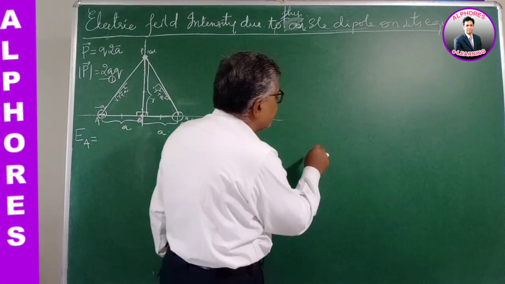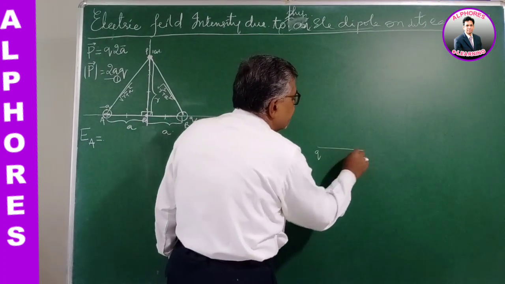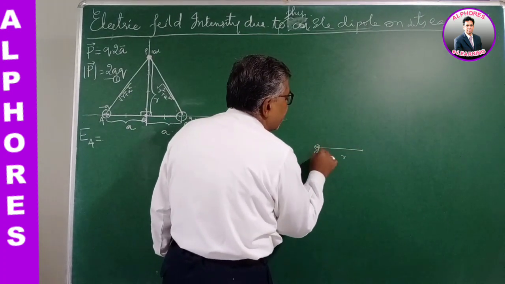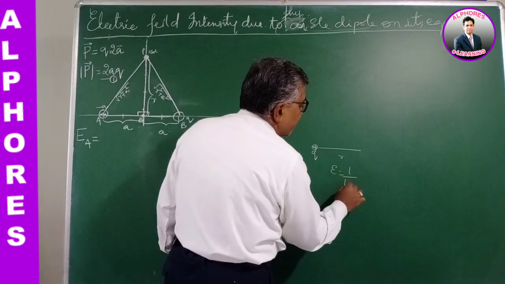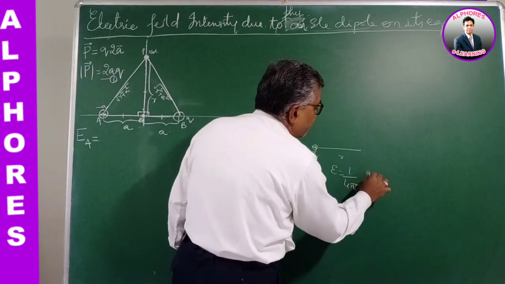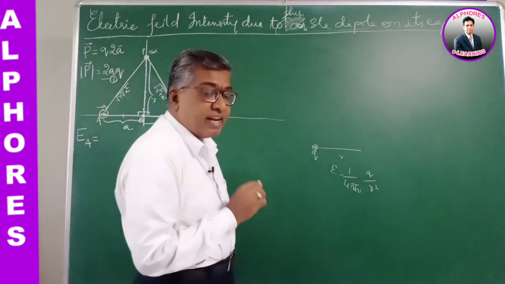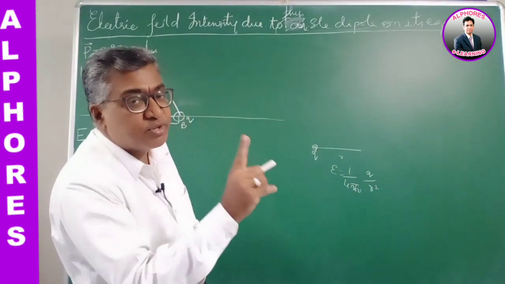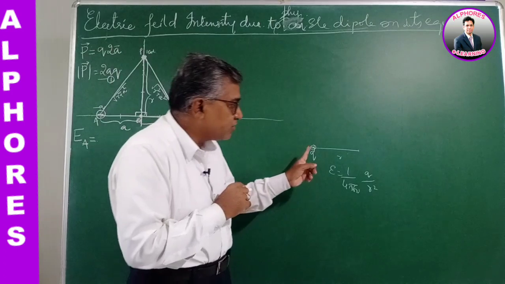If there is a point charge Q, then at a distance r, the electric field intensity is 1 by 4 pi epsilon naught Q by r squared. This is for a single isolated point charge.